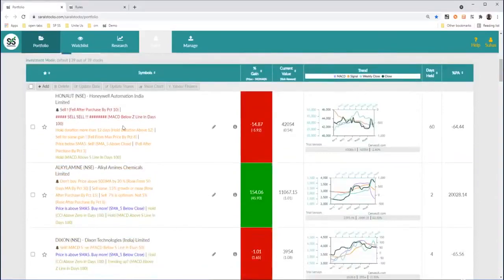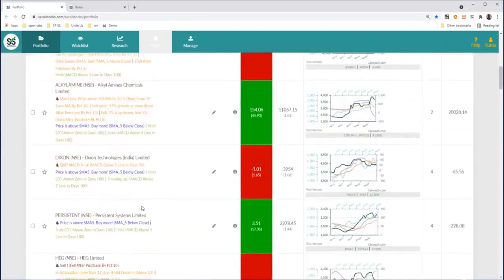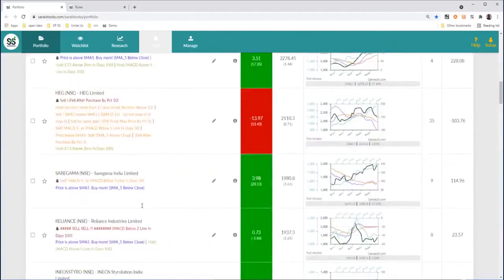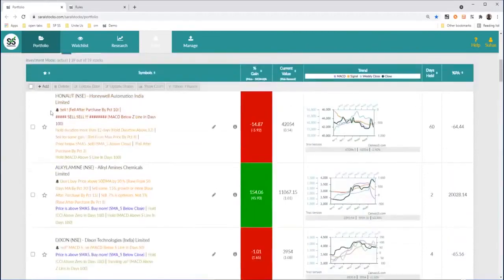Here are the stocks in the portfolio with analysis of each stock given right below it. This gives you an example of how to quickly analyze a stock and make a decision.